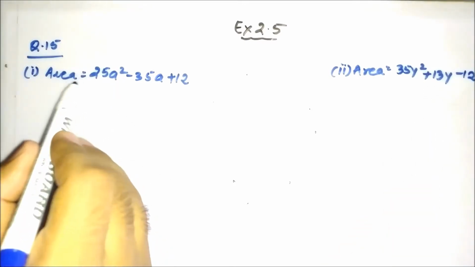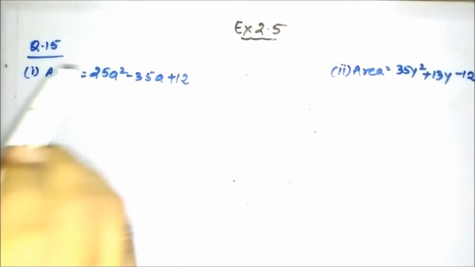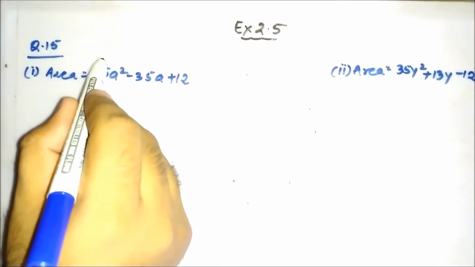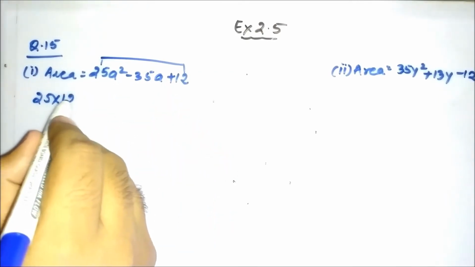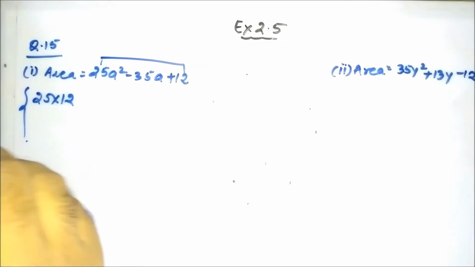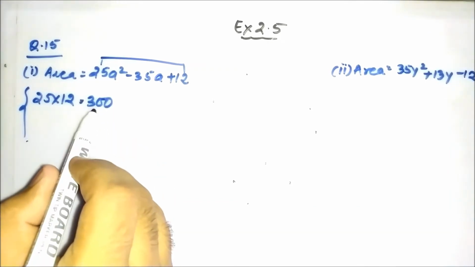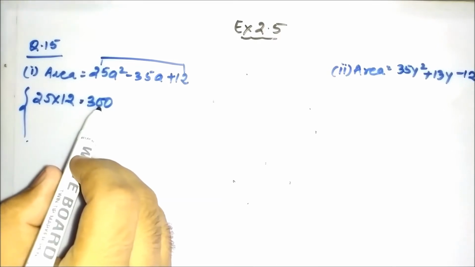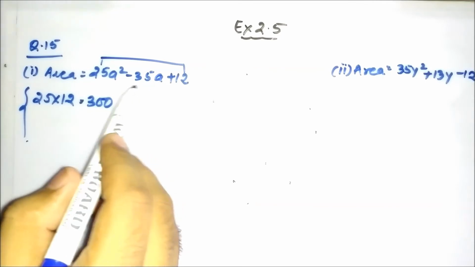So this area is 25a square minus 35a plus 12. Our first step is to multiply this 25 and 12. So 25 into 12, this is the rough part I am just explaining to you. We will get 300. Now we need to break 300 into two factors such that after adding those two factors, we will get the middle term, that is minus 35.